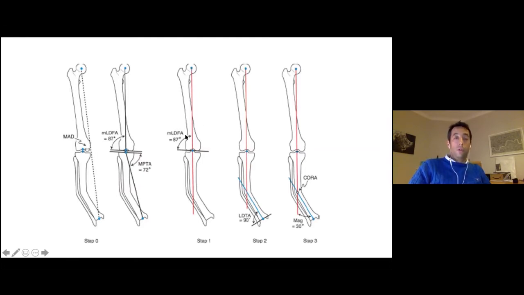We'll use our joint line, and usually for purist's sake, you might choose to use the opposite side of the joint and extend it as opposed to using the proximal tibia, but the same net effect. Anatomic axis of proximal segment, anatomic axis of distal segment, and that gives us a CORA with a magnitude of 30 degrees, i.e. a deformity of 30 degrees varus in this case in the distal tibia.